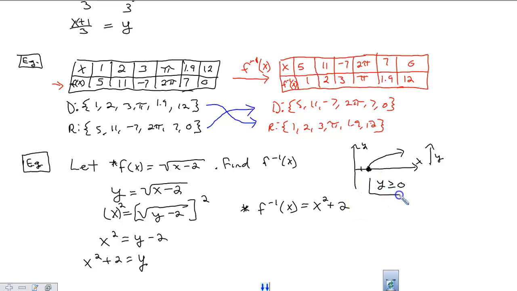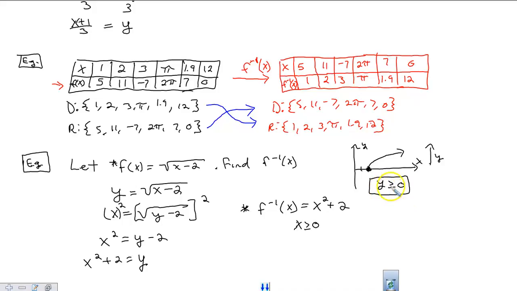But that's important because that tells us our domain here. So our domain here is x is greater than or equal to 0, because we know that the range from one becomes the domain of the other. And this is going to be a very important fact for us whenever we start graphing these things.